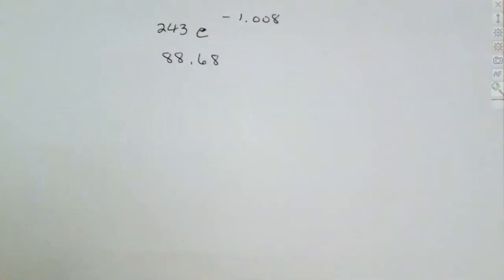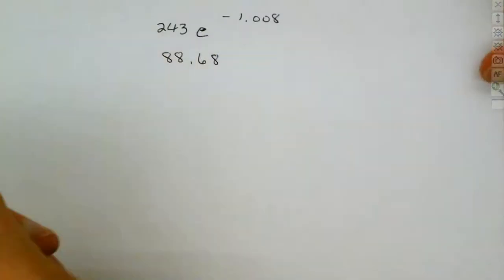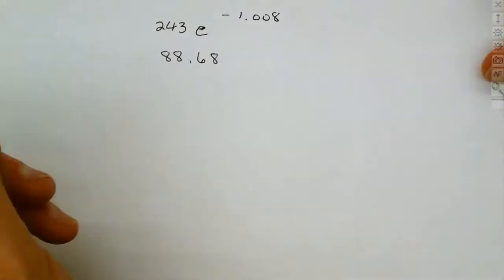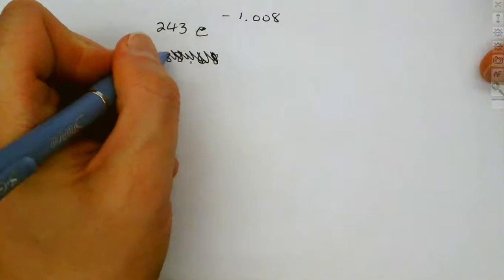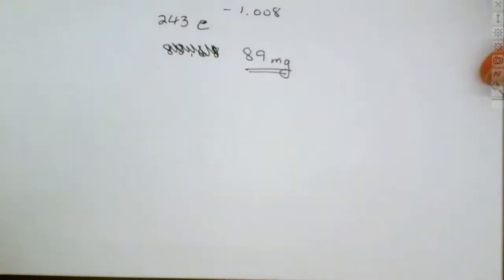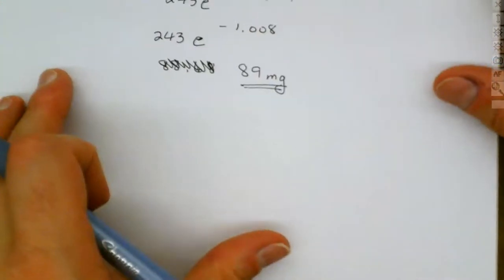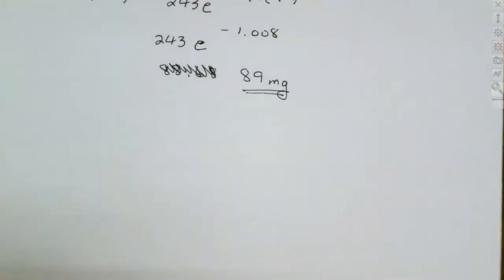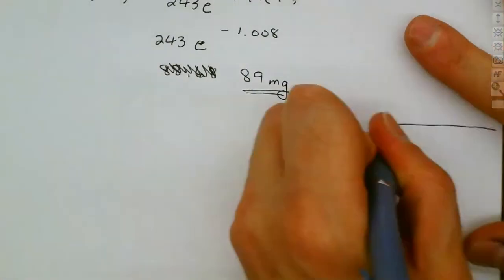And that's going to be in milligrams. Oh, wait, it's already in milligrams, so we want it to the nearest one, so it's going to actually be 89 milligrams. Sorry about that. It's already in milligrams, so we don't have to round, right? So we'll just write that as 89 milligrams because that 243 is already in milligrams. So we just round it to the nearest milligram, and so there should be 89 milligrams left.